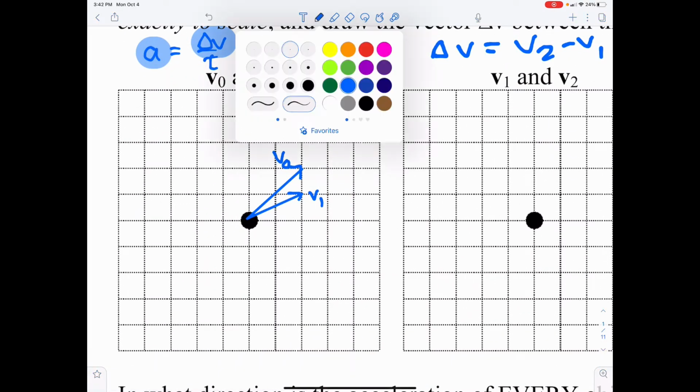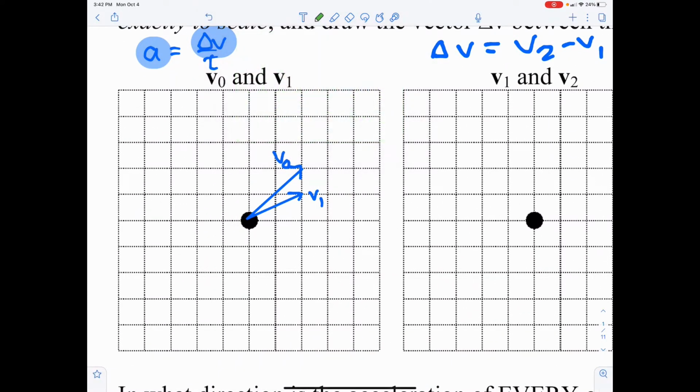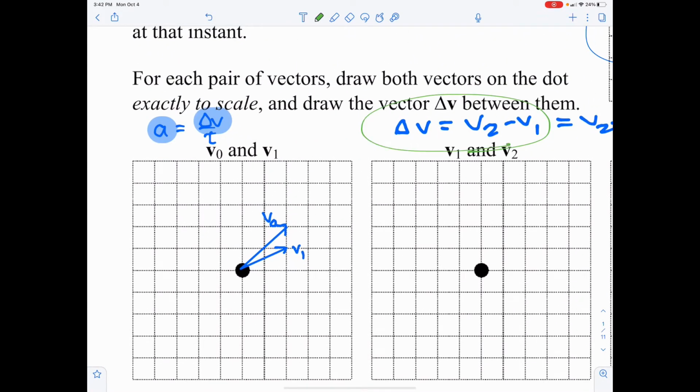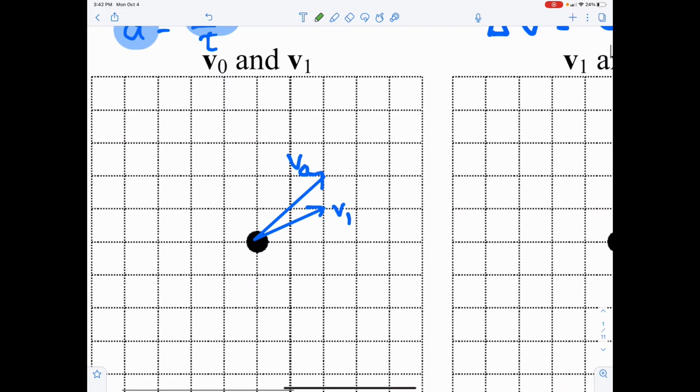Now, in a different color, in order to get this, I need to go basically v1, the second velocity, plus a negative v naught. Now, v naught points 2 units up and 2 units over. Negative v naught would point exactly in the opposite direction, where this vector is pointing. This would be negative v naught.